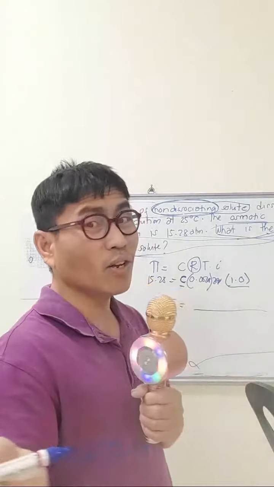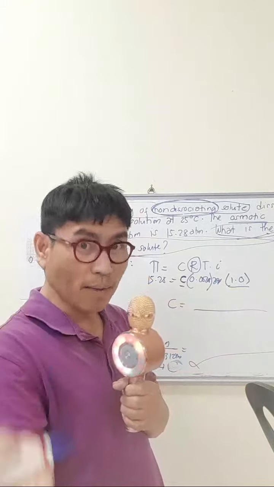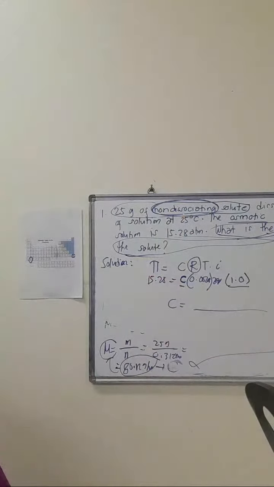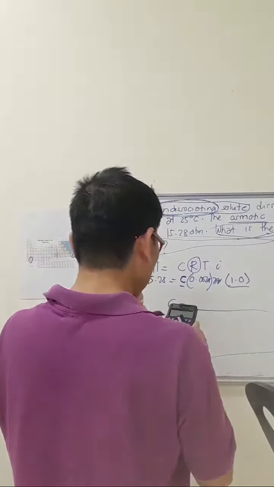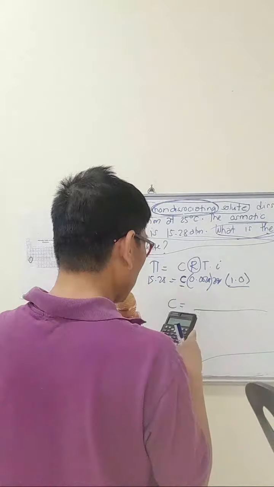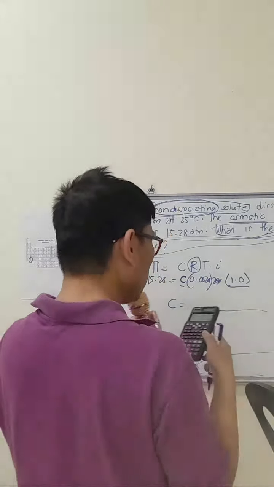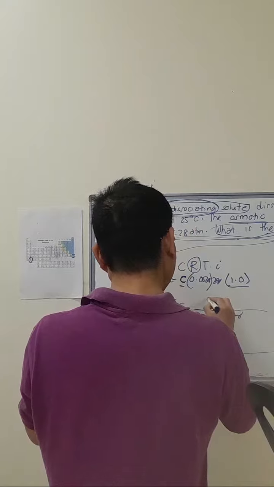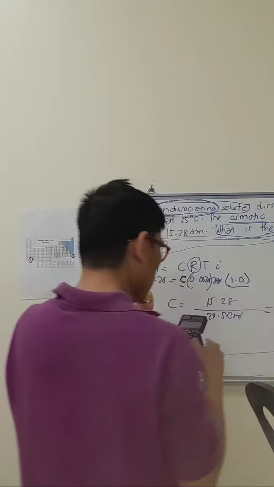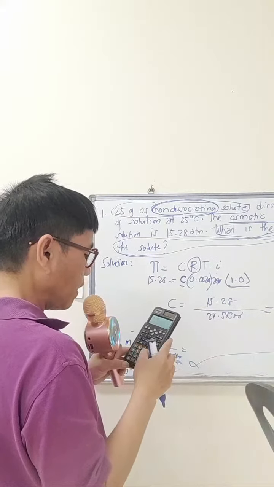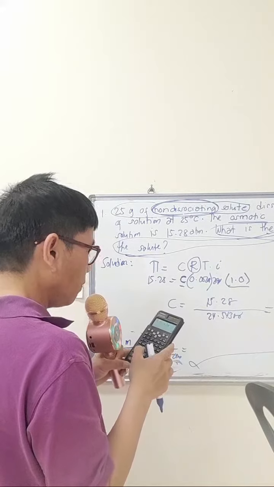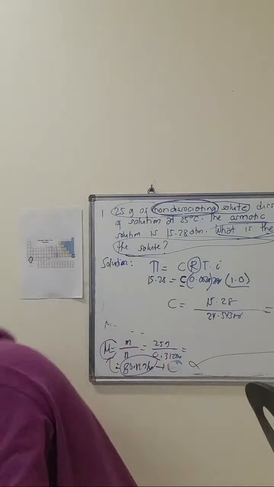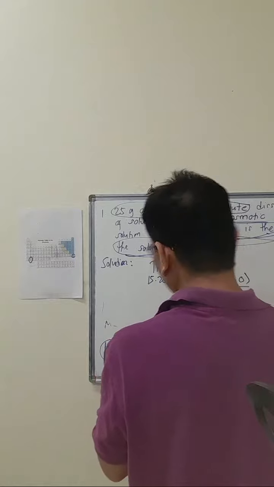I don't have to show the units being cancelled because it's a waste of time; do that by yourself also. 0.08206 times 298 is 24.45. Then 15.28 divided by 24.45 gives our concentration of 0.622.